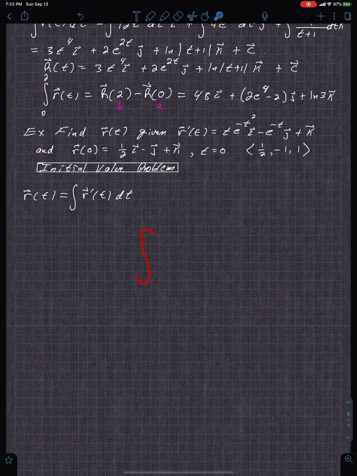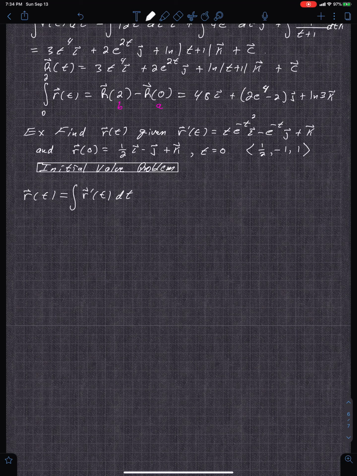So if you have the antiderivative of df dt, that's equal to f of t, and then it's plus c, or you evaluate a to b, and you do f of b minus f of a. So look that stuff up again, integration concepts, if it's been a while.